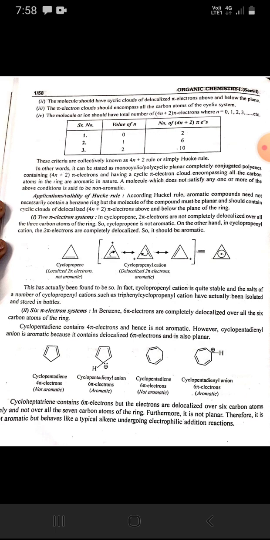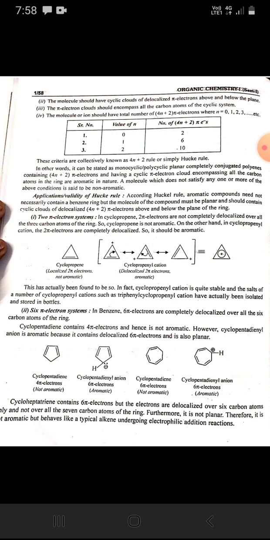In fact, cyclopropenyl cation is quite stable, and the salts of a number of cyclopropenyl cations, such as triphenyl cyclopropenyl cation, have actually been isolated and stored in bottles. 6 pi electron system: in benzene, 6 electrons are completely delocalized over all the 6 carbon atoms of the ring.